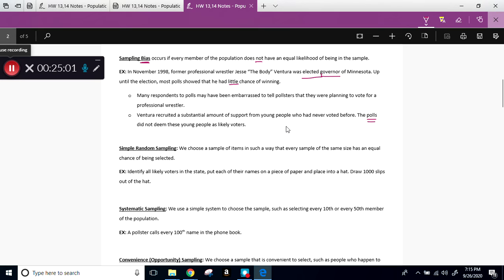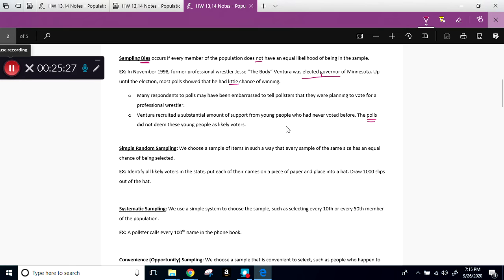If you call at a certain time of day and only at that time, you're going to get a different type of person. If you call when people aren't as busy, maybe they're not working. But if you call around 8 o'clock at night, you might get more of the ones that are working a full-time job during the day.